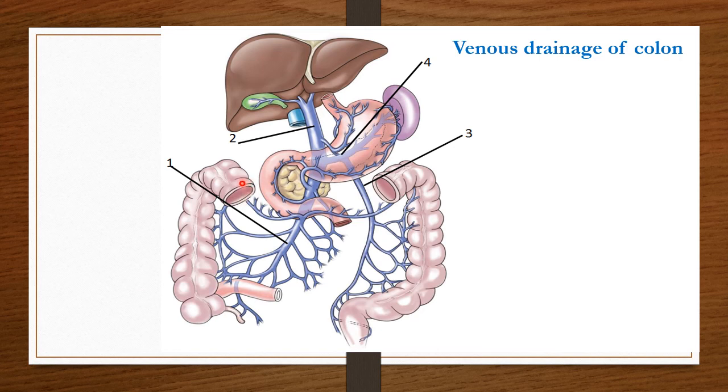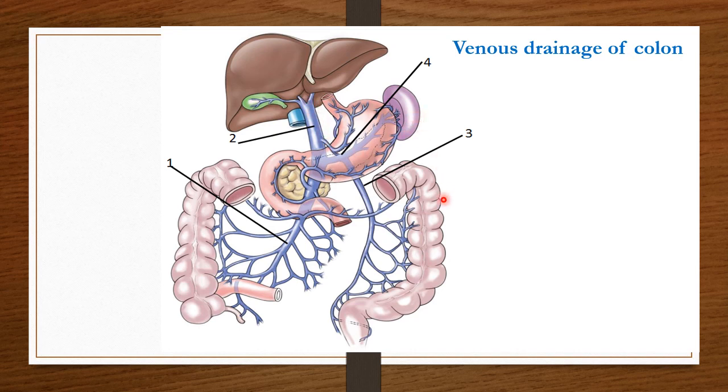The venous drainage of the colon closely follows the arterial supply. On the right side, the ileocolic veins, the right colic and the middle colic vein will empty into the superior mesenteric vein, which ascends and continues to become the portal vein and goes into the liver.